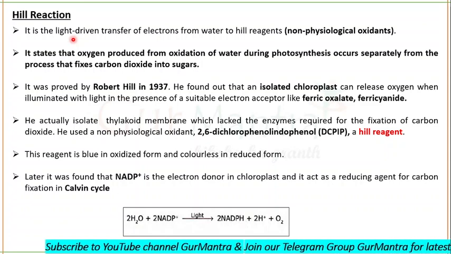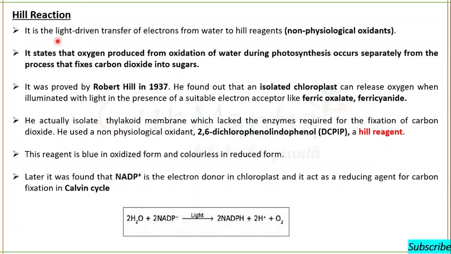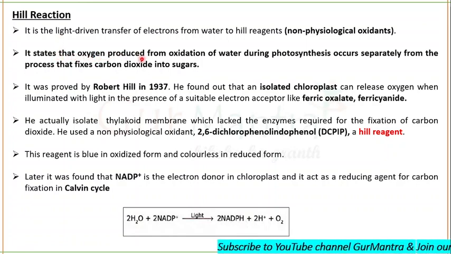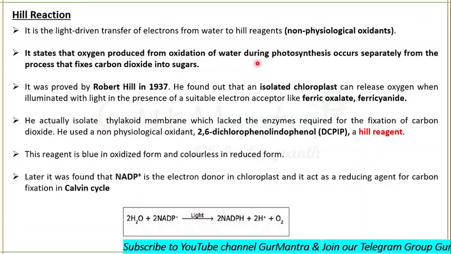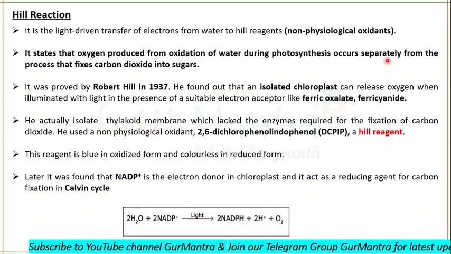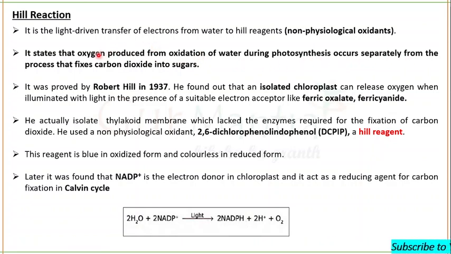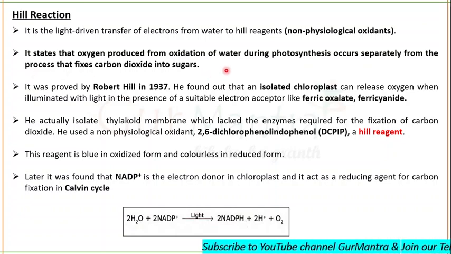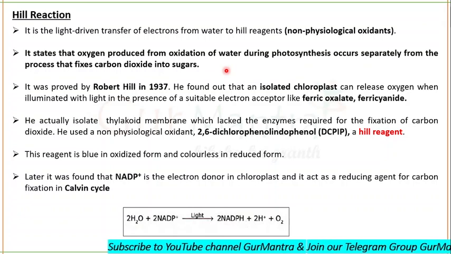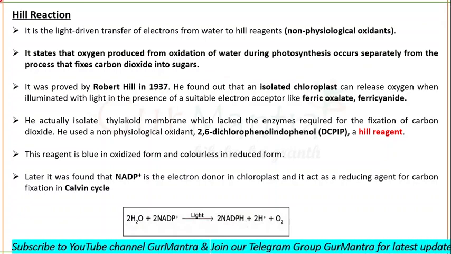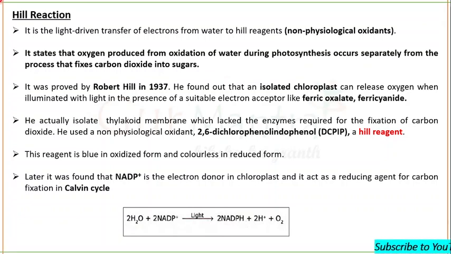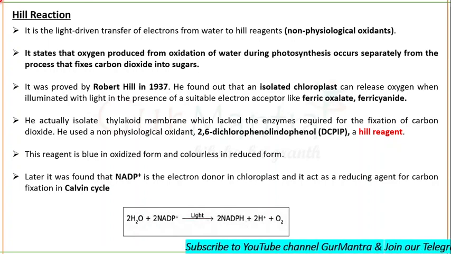So what is the significance of Hill reaction? This reaction actually states that oxygen produced from the oxidation of water during photosynthesis occurs separately from the process that fixes carbon dioxide into sugars. So we know that in photosynthesis there occur the oxidation as well as a reduction process.